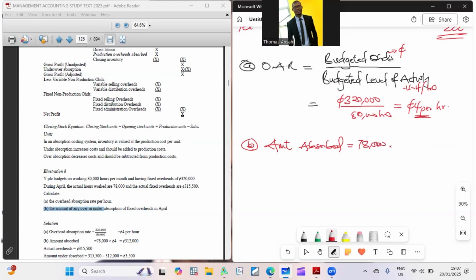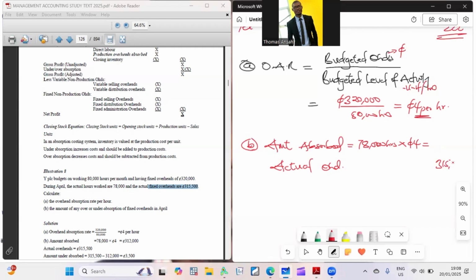We used 78,000 hours, and each hour is priced at 4 Ghana cedis. So 78 multiplied by 4 will be how much? Quickly. But the actual fixed overhead they incurred is there, so when you multiply the top one, what did you get?